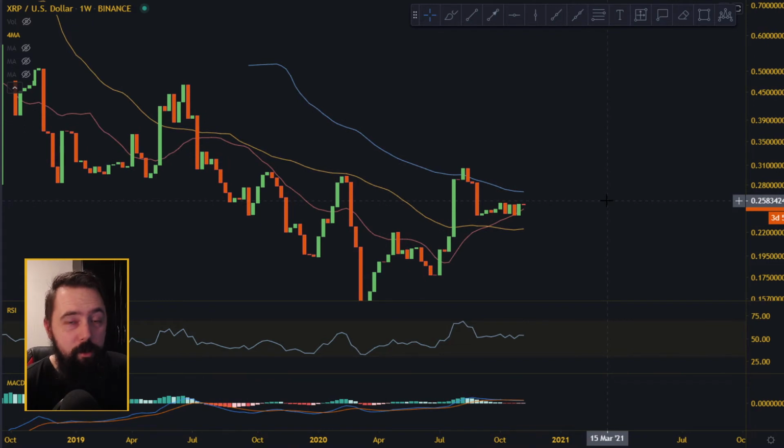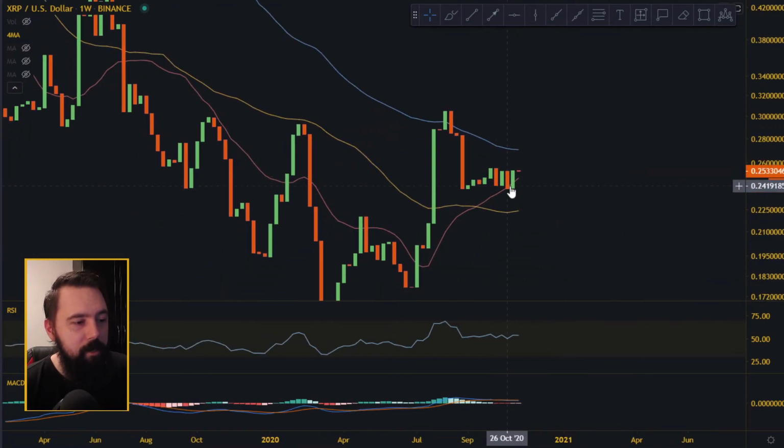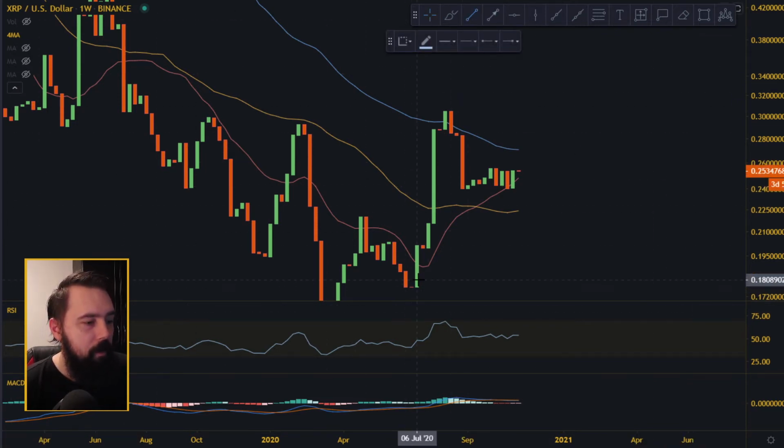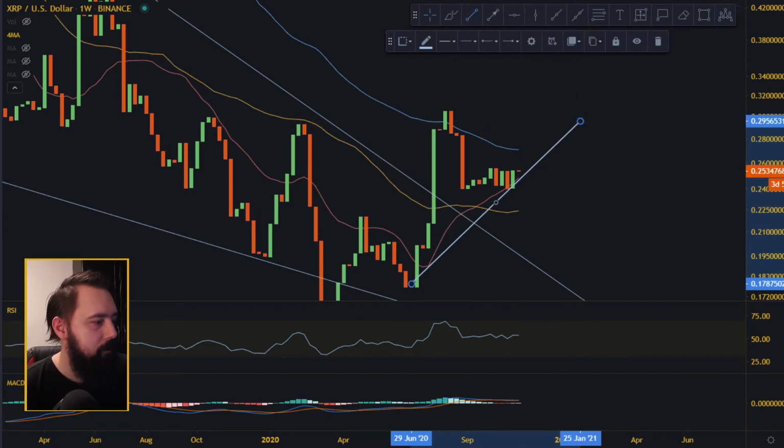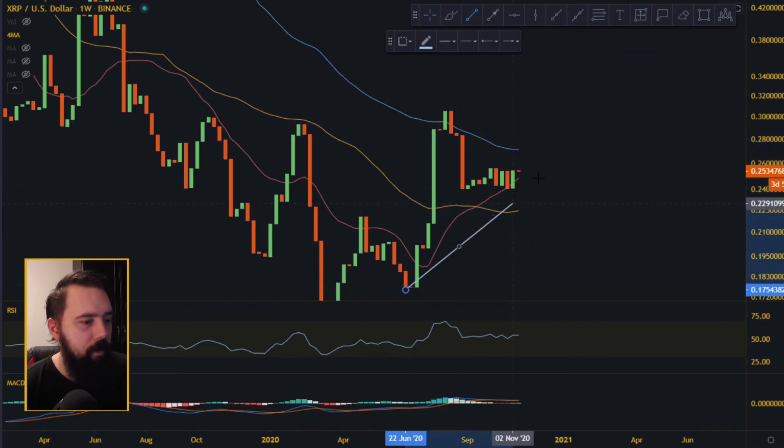But the good news is it didn't fall all the way down. It kept the 50 and 20 moving average, and you see here as well it kept the 20 moving average. So what's happening now? You've got a triangle going on here.